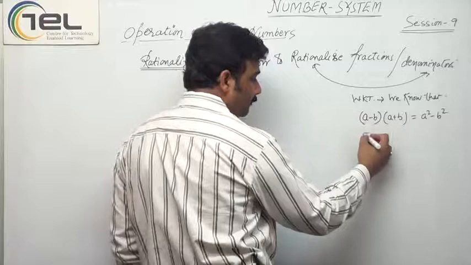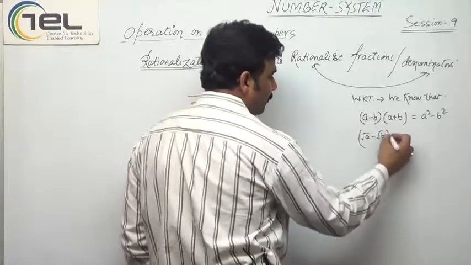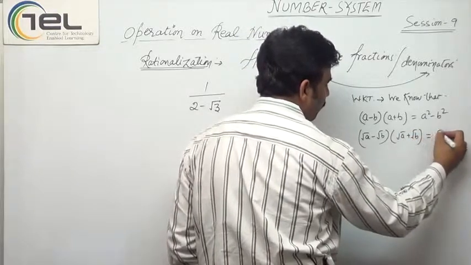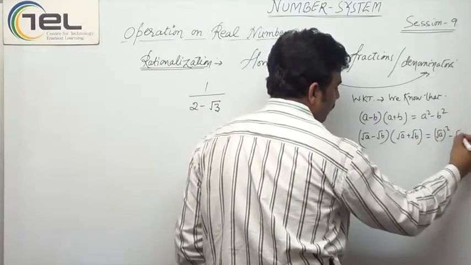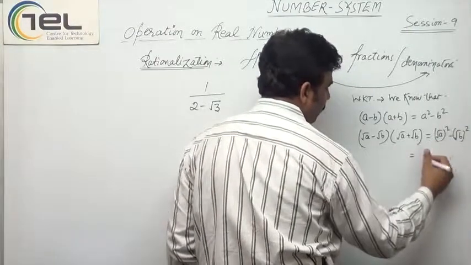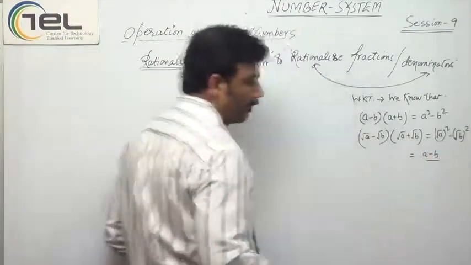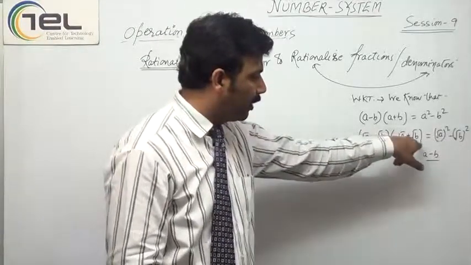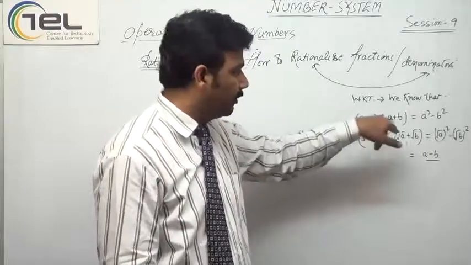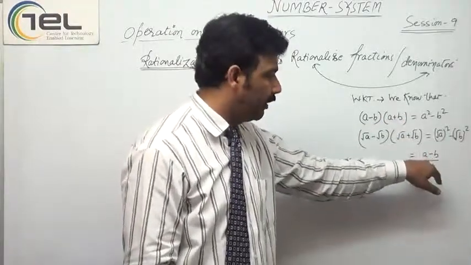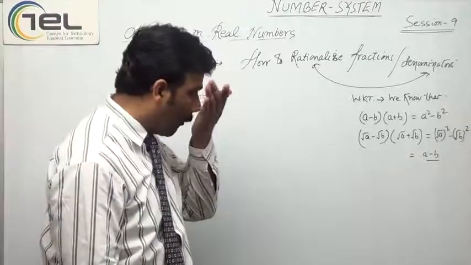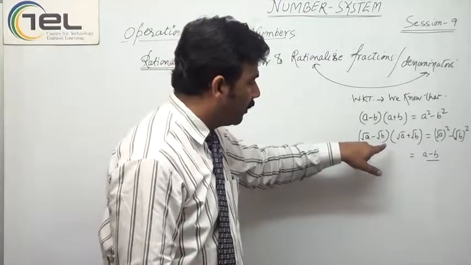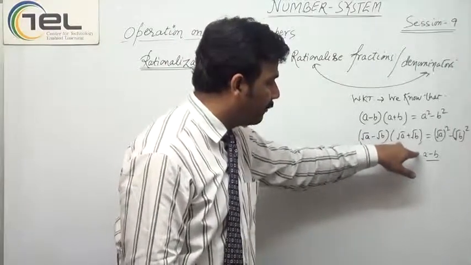And if it is in this form, what does it become? It becomes a square minus b square, and it becomes a minus b. See how simple this is. These two numbers are irrational. When these two irrational numbers are multiplied, they become rational. a is rational, b is rational. So this is what we are doing: we are multiplying them by their conjugates.